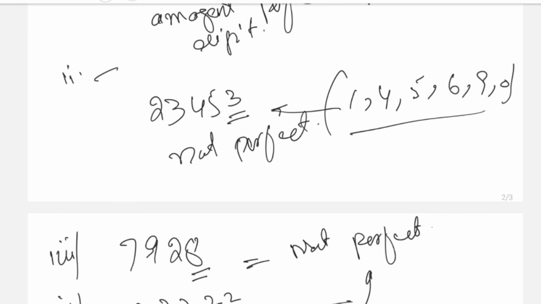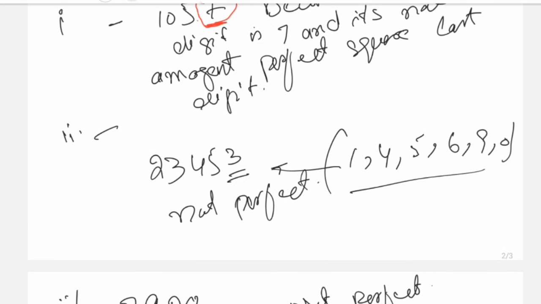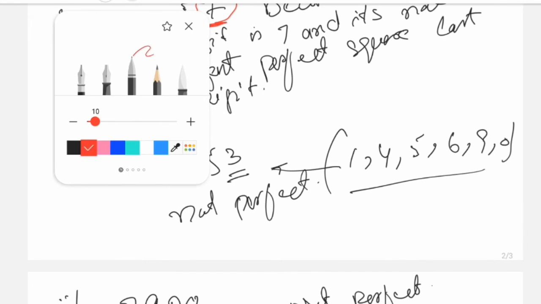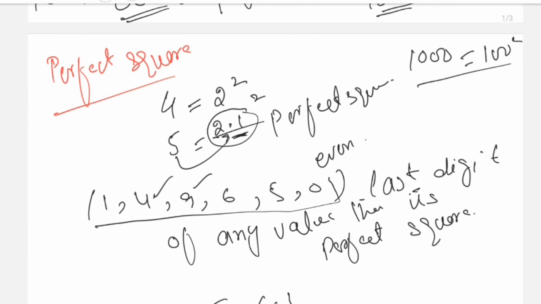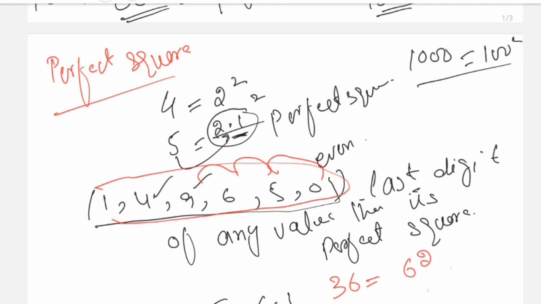And what is the reason for all of them? The reason is the same: the last digit does not exist among the last digits of perfect squares. As we know, all perfect squares have one of these last digits. So when we take any perfect square, like 36, we know it is the perfect square of 6.